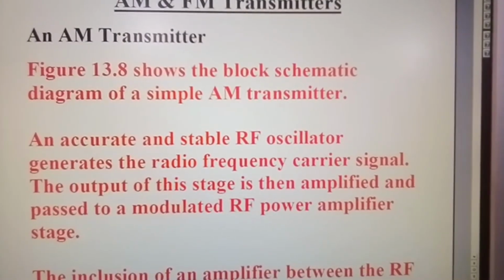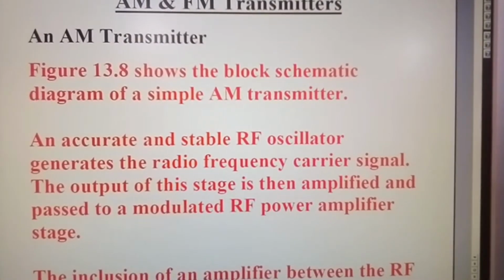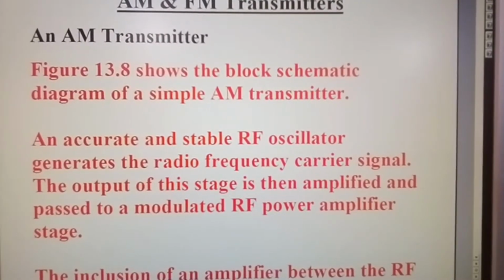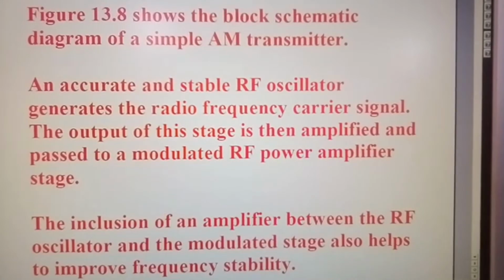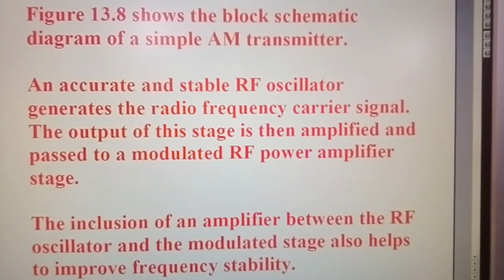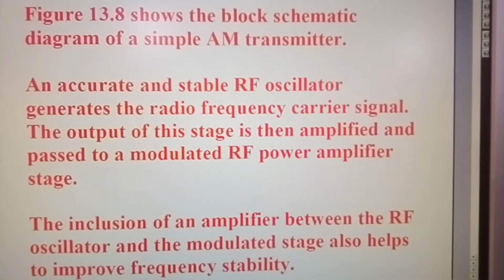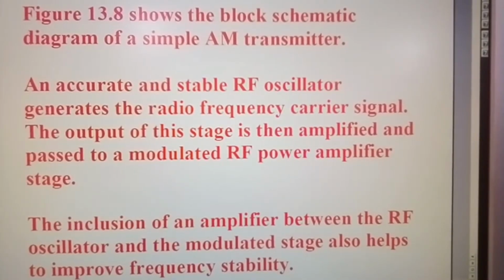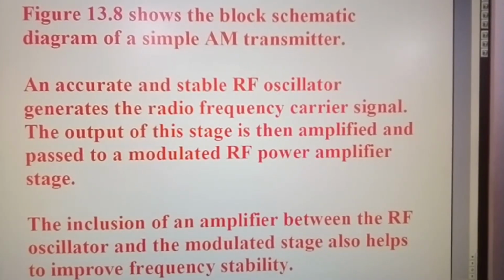Now I'm just going to read this down because you should be able to read this for yourself and see where I am at. So the inclusion of an amplifier between the RF oscillator and the modulated stage also helps to improve frequency stability.